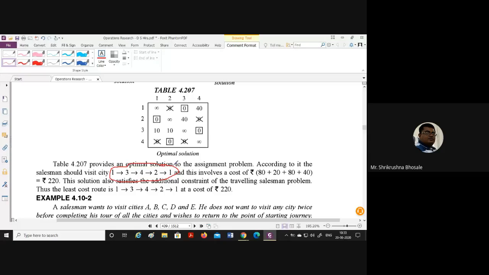Here I have made one circle. So if you find this circle, here it is written in the circle whatever route is followed. Okay, whatever the route is there, 1 to 3, 3 to 4, 4 to 2, and 2 to 1.